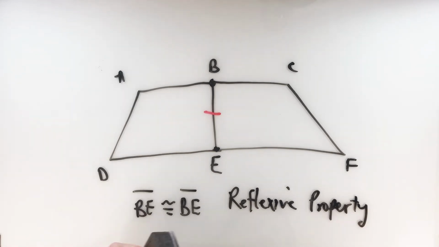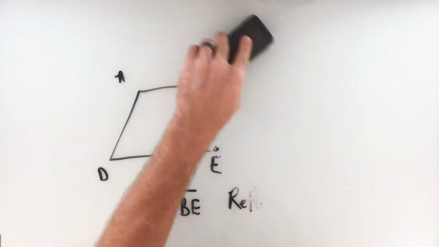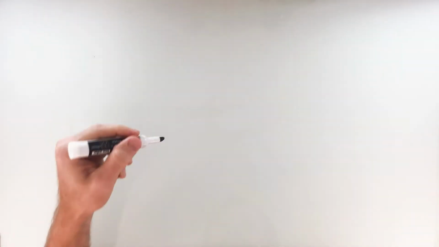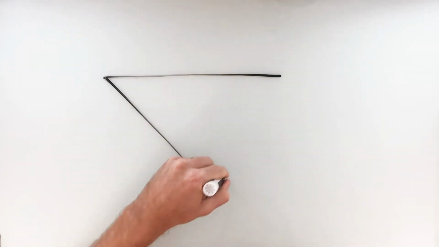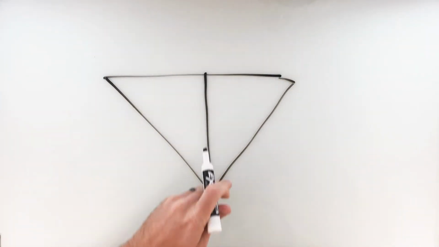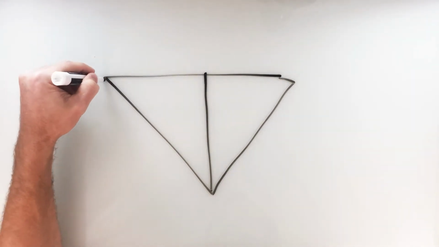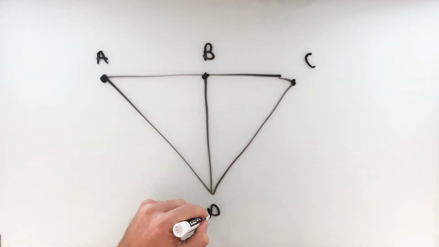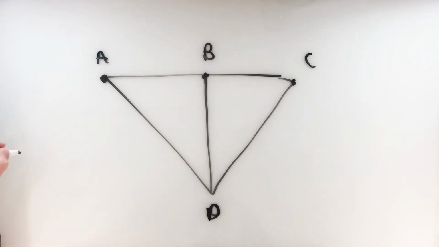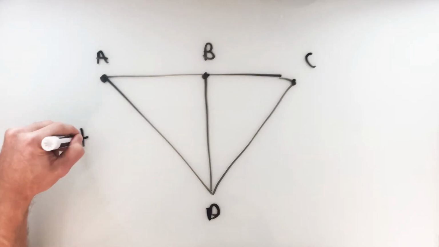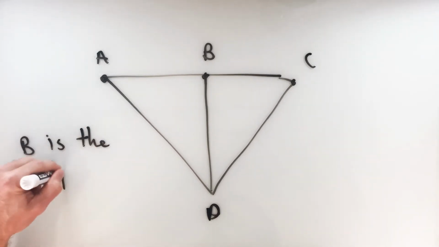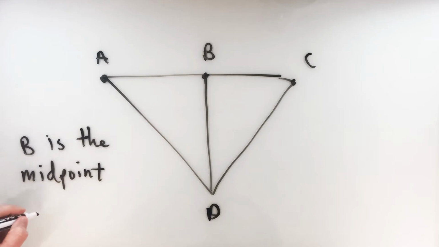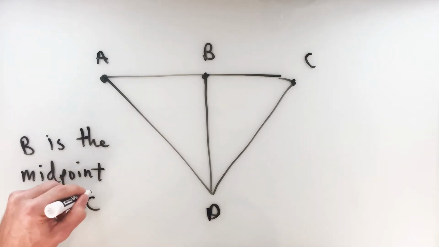Okay, a third situation that you might see is kind of a similar situation where they're backed up next to each other. Maybe there's some information that's given to you that says that B is the midpoint of segment AC.